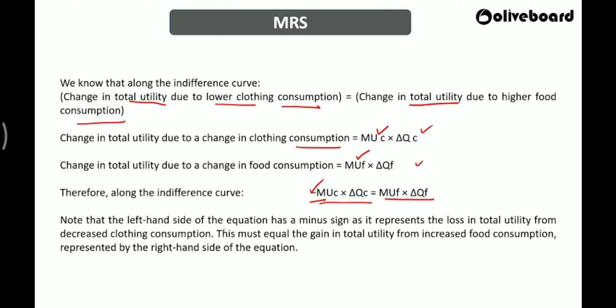All right, if you see here, the equal gain in the total utility from increased food consumption is represented by the right hand side of the equation, that is this, and the minus sign represents the loss in the total utility from decreased clothing consumption, and both will be equal.